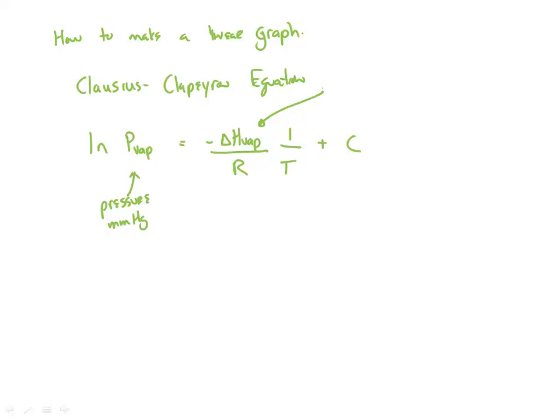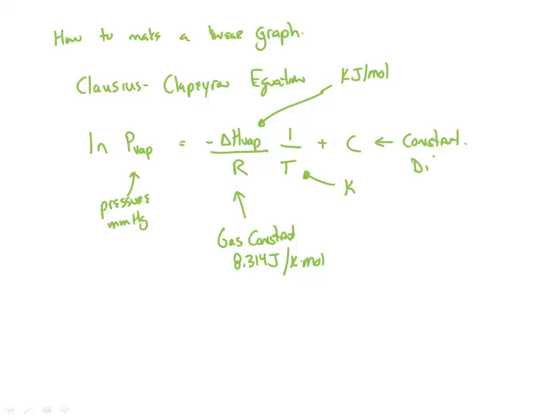This is delta H of vaporization, which is in terms of kilojoules per mole. R is something we call the gas constant. It has a value of 8.314 joules per K mole. Temperature for this has to be measured in Kelvin, and then C is simply a constant that's different for every gas.